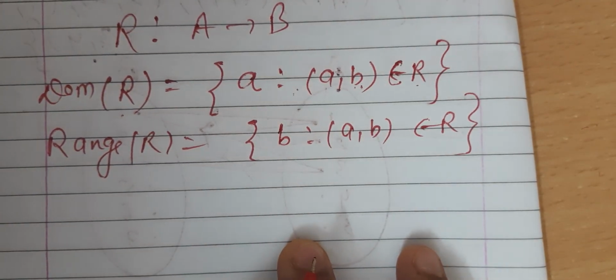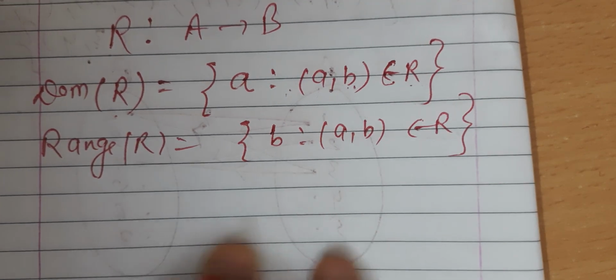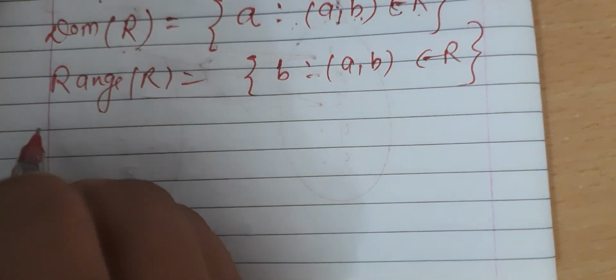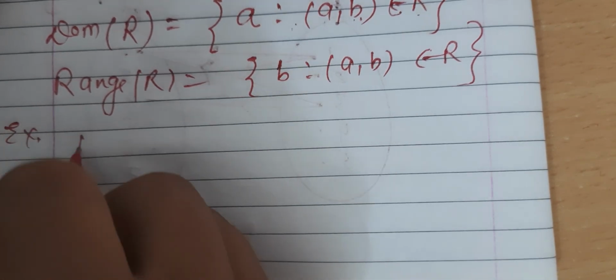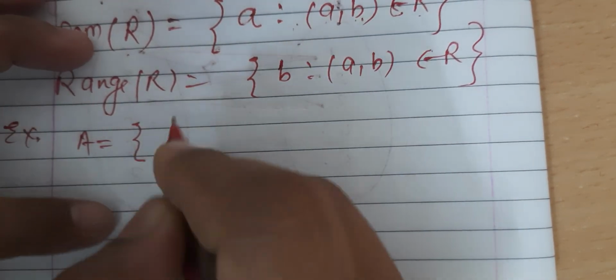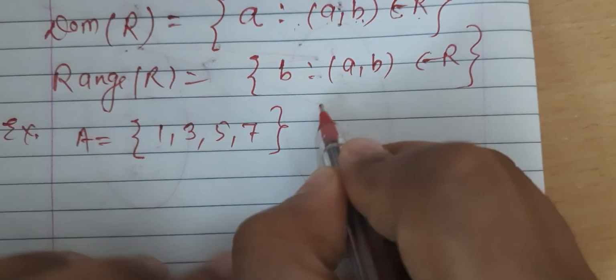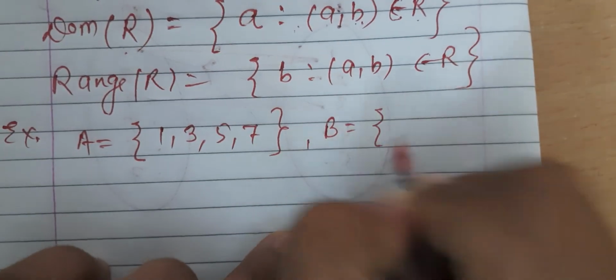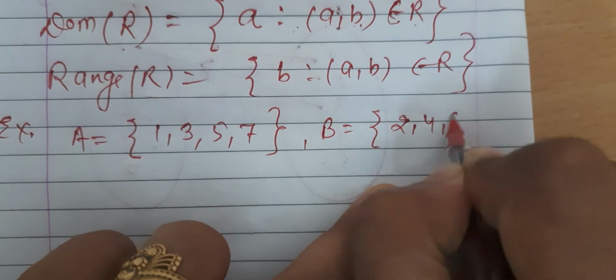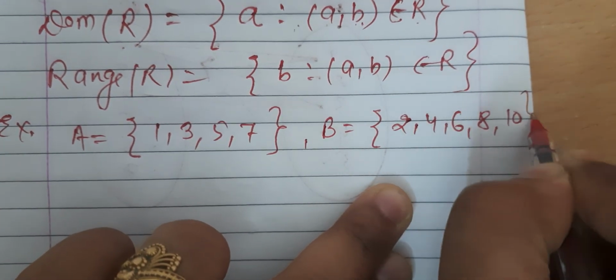We will see the domain and range through this example. We are given set A whose elements are 1, 3, 5 and 7, and set B whose elements are 2, 4, 6, 8 and 10.